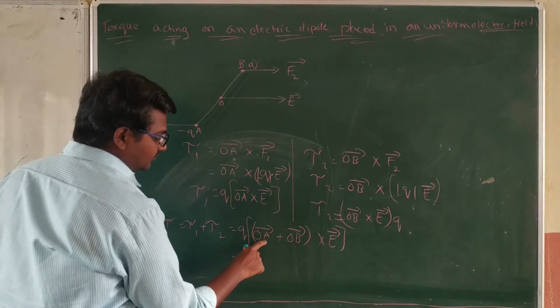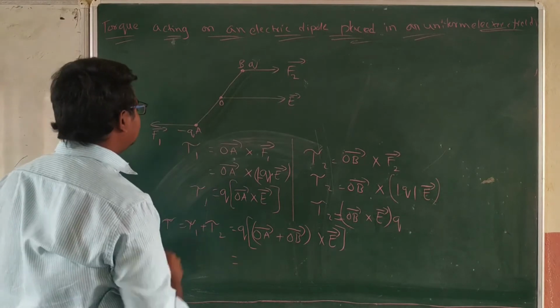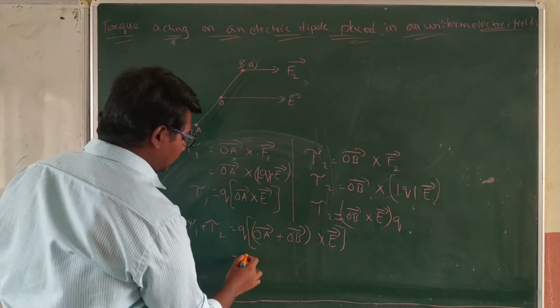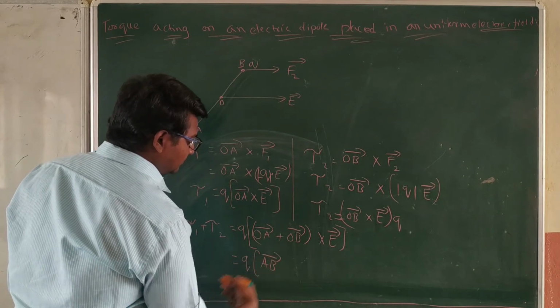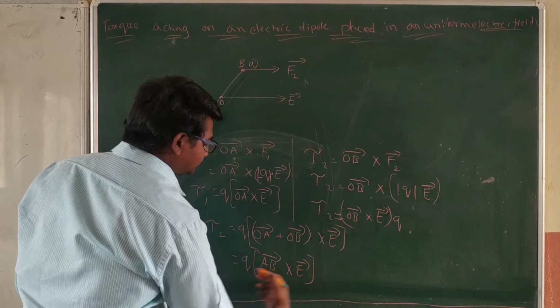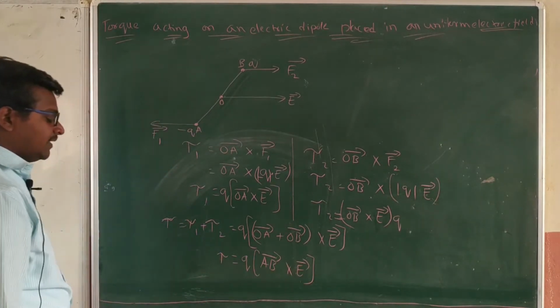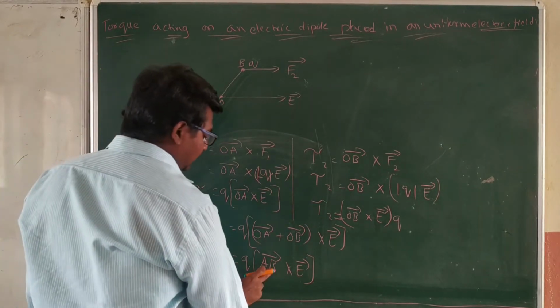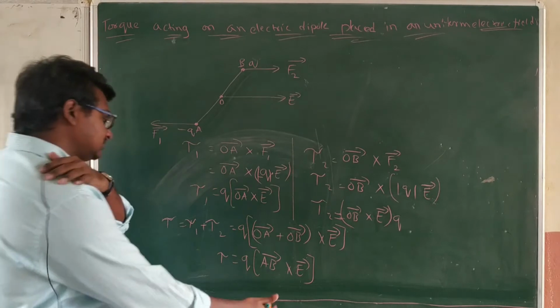Here, OA bar plus OB bar, OA plus OB, is equal to the total dipole length, that is AB bar cross E bar, right? This is tau. And now AB is equal to d, simply.